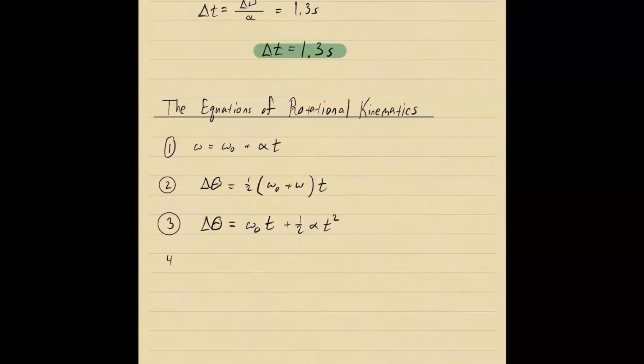And last but not least, our fourth and final rotational kinematic equation says that our final angular velocity squared minus our initial angular velocity squared is equal to 2 times our angular acceleration times our angular displacement.